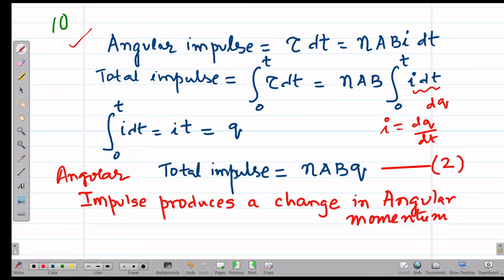In this step 2, I have got a formula for the angular impulse. This is the angular impulse, whose value is NABQ. What is the effect of this impulse? The effect of this NABQ is to produce a change in angular momentum. So in my next step, I am going to write this impulse NABQ will be equal to change in angular momentum. So how do I write that?